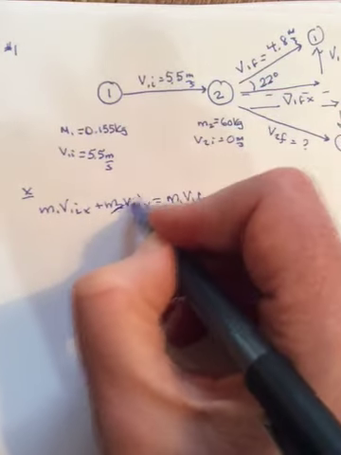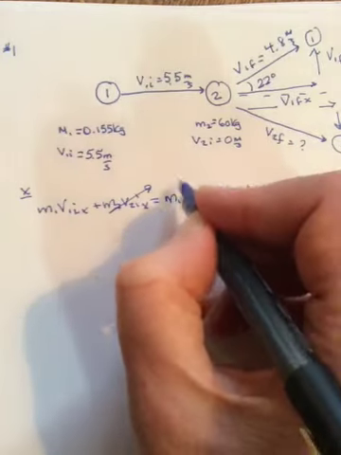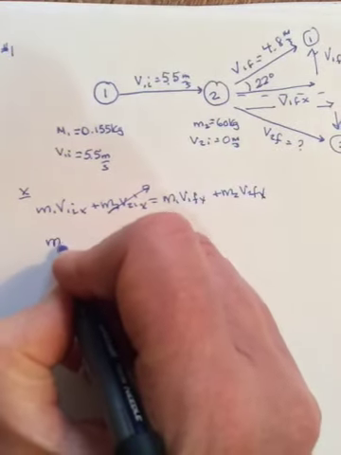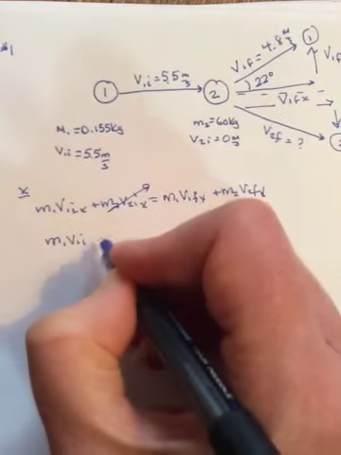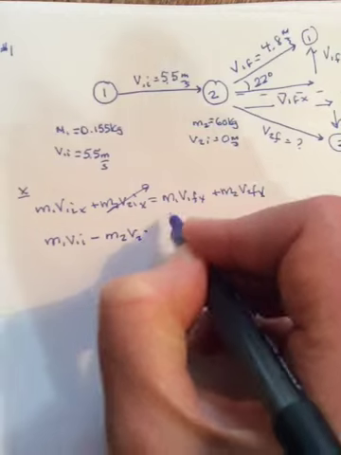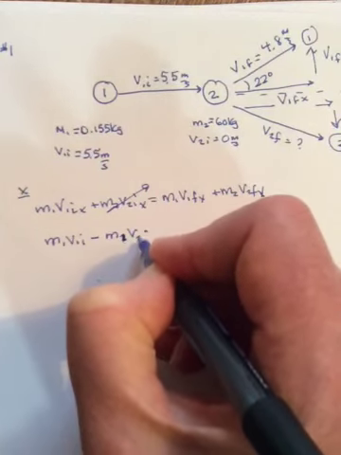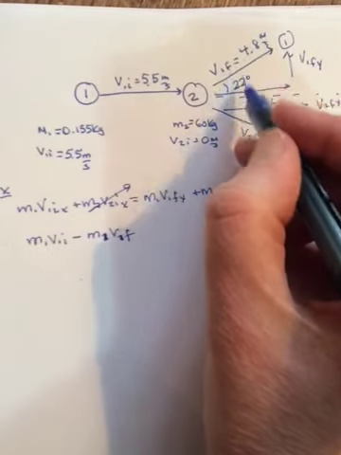Initially ball 2 is not moving at all, so it goes to 0. We're looking for v2fx, so we can bring this over. So it'll be m1 v1 initial, and it's all in the x direction, so I can drop the x, minus m1 v1f, and in the x direction, that's cosine.